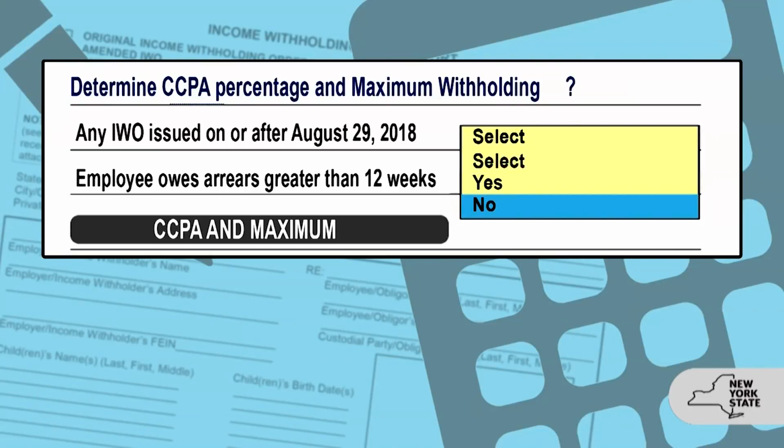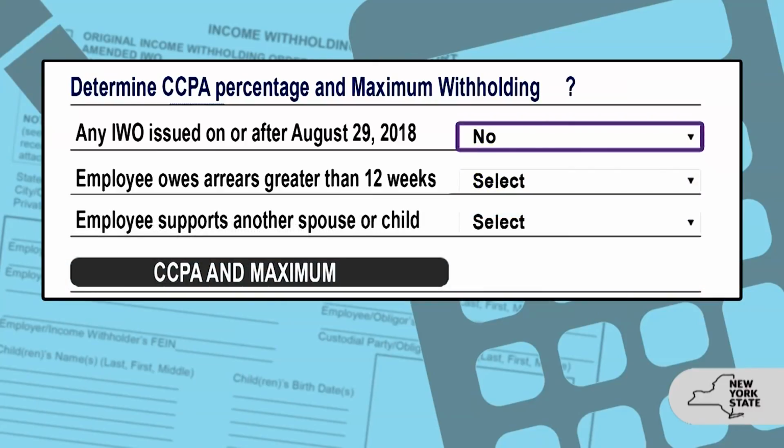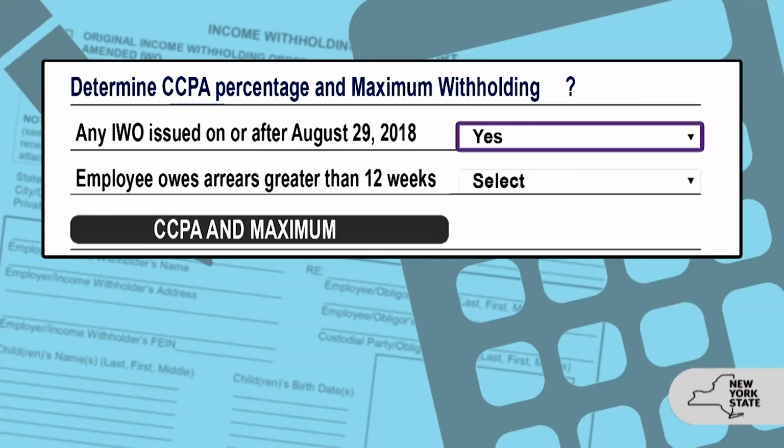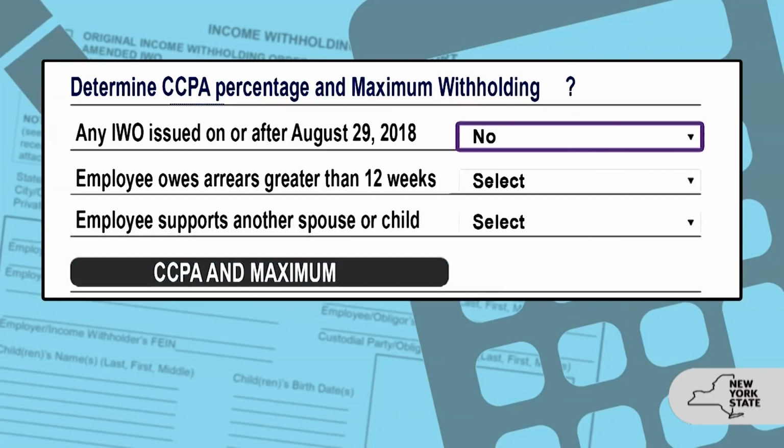If the date of the IWO is prior to August 29, 2018, there are 2 questions we must answer to determine limitation percentage. If the date of the IWO is on or after August 29, 2018, there is 1 question we must answer. In our example, select No, as the date of the IWO is prior to August 29, 2018.